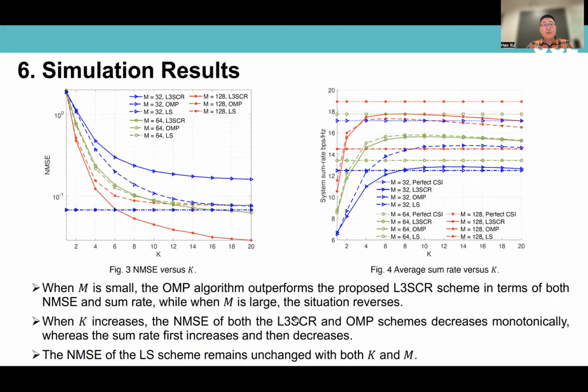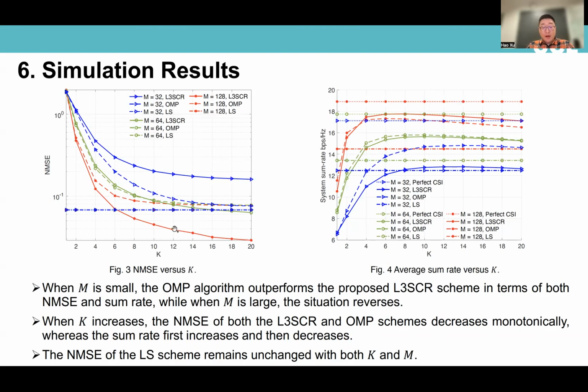In these two figures, the effect of the number of estimating locations K and the number of base station antennas M is investigated, from which several observations can be made. Firstly, we see that when M is small, the OMP algorithm outperforms the proposed L3SCR scheme in terms of both NMSE and the sum rate.